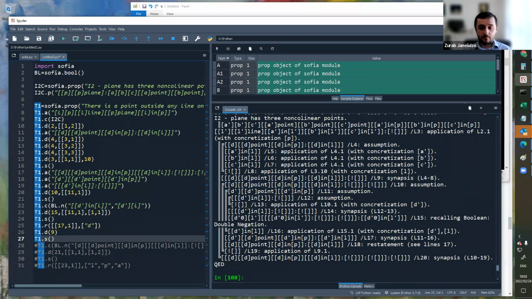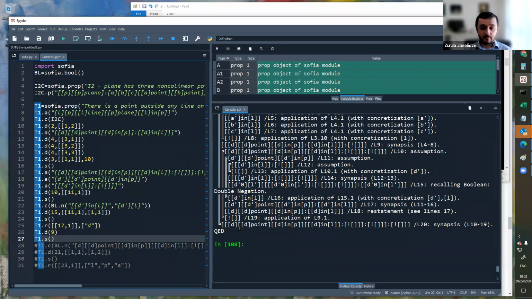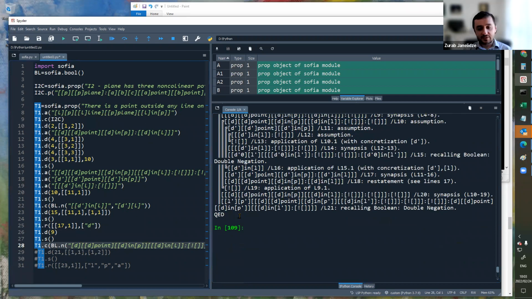So now we can do synapses to just state that whatever we wanted to prove being false is false. But again, the double negation rule comes in here, right? So once again, we recall the double negation rule.